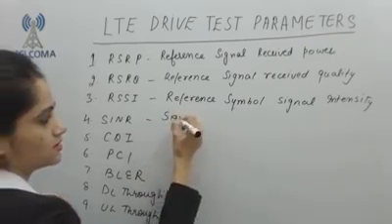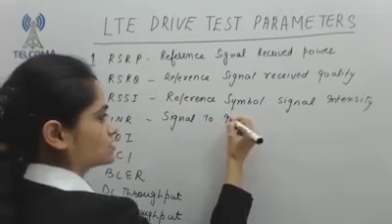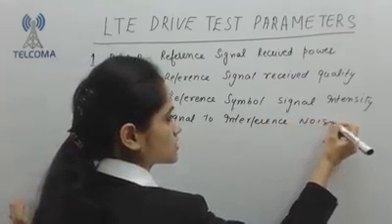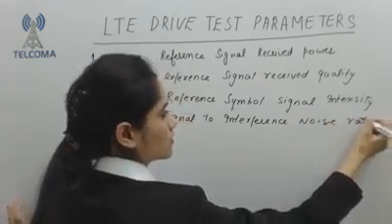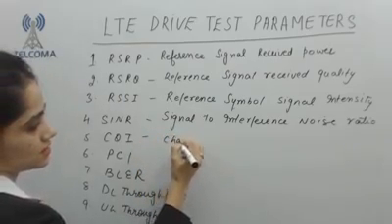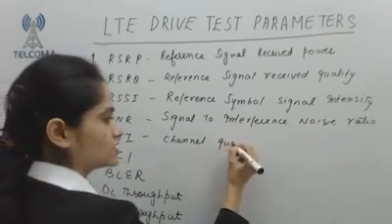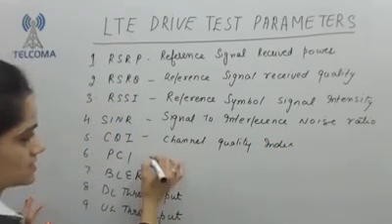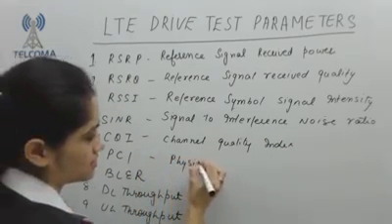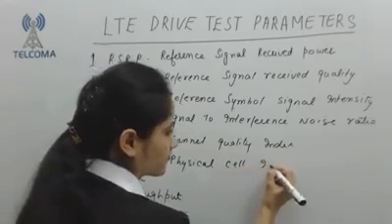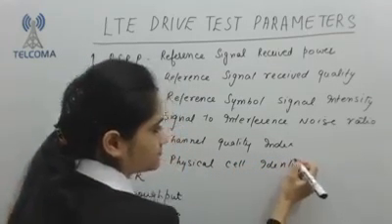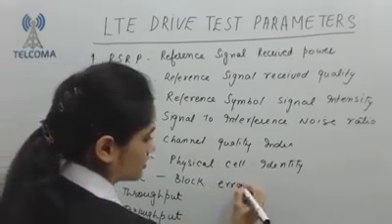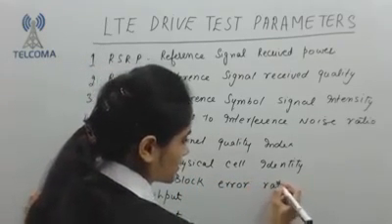SINR is signal to interference noise ratio. CQI is channel quality index. PCI is physical cell identity. BLER is block error ratio.